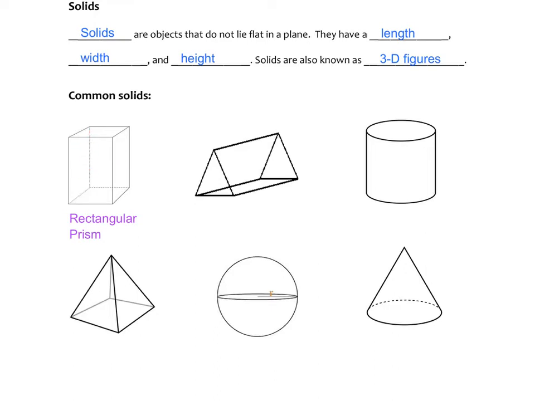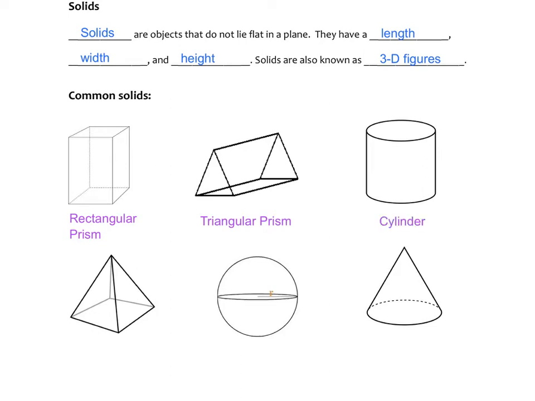Let's look at our next solid in the center. This is called a triangular prism. In the triangular prism, notice that our faces are triangles.